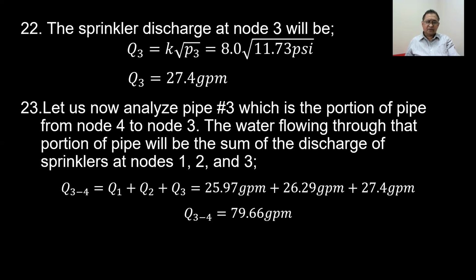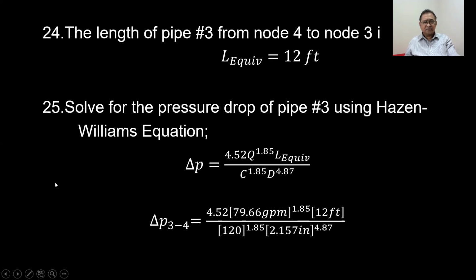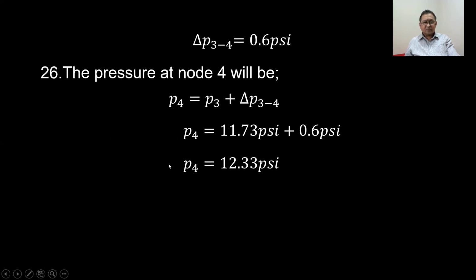So 25.97 plus 26.29 plus 27.4, the total will be 79.66 GPM. And we will use that value to calculate the pressure drop of pipe number 3 using the Hazen-Williams equation. And the result will be the pressure drop of the pipe between node number 3 and node number 4 will be 0.6 psi.